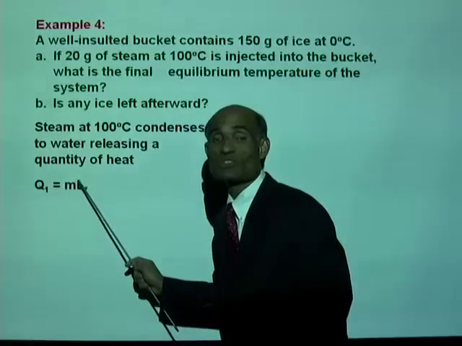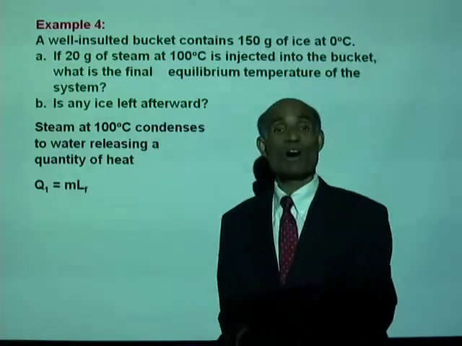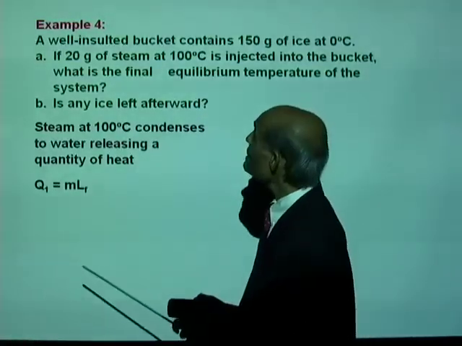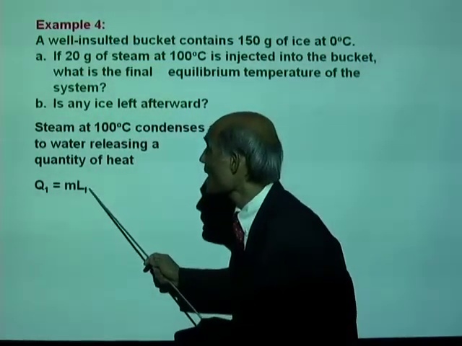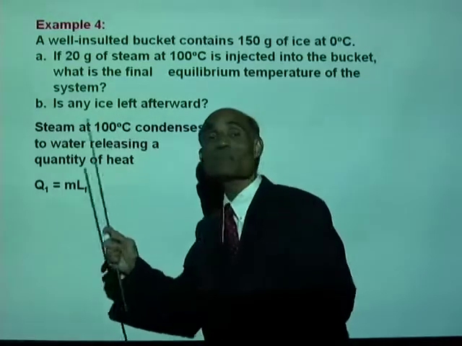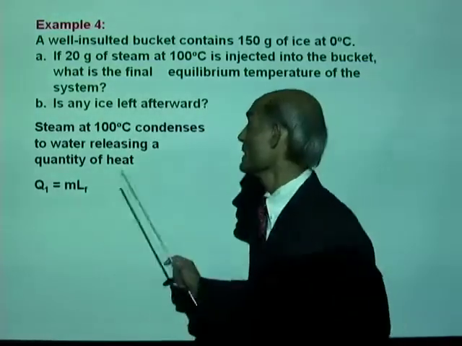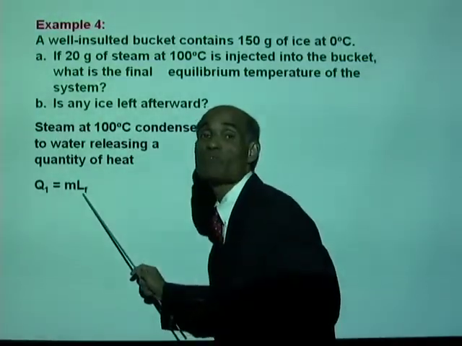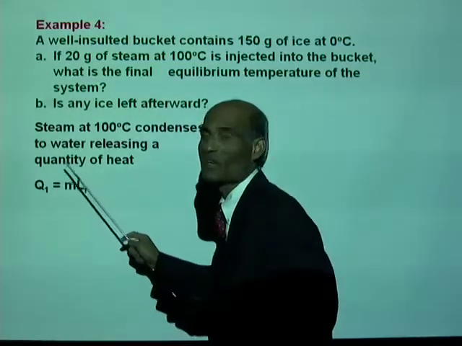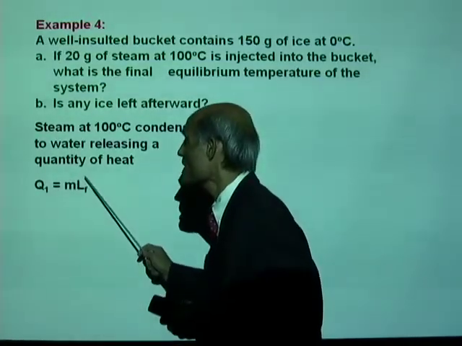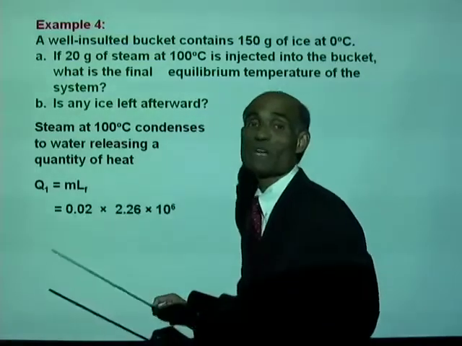Q1 equal to mass times latent heat of, what's the mistake I have here? Vaporization, not L_F, because steam is condensing to water. It must be L_V. I'm not making the correction here, you need to make that correction. Q1 equals mass times L_V.